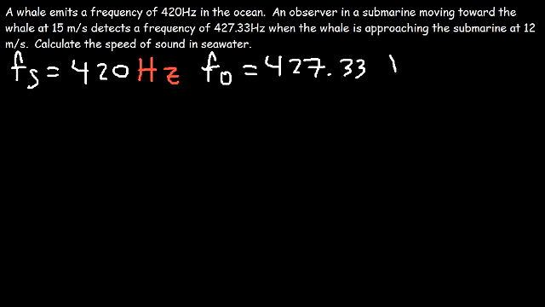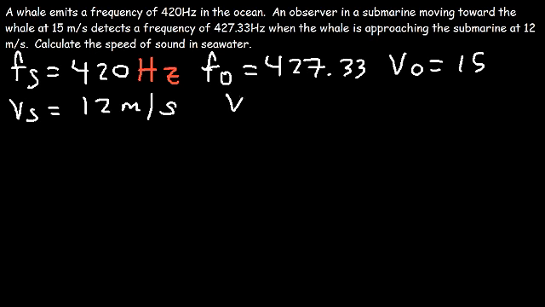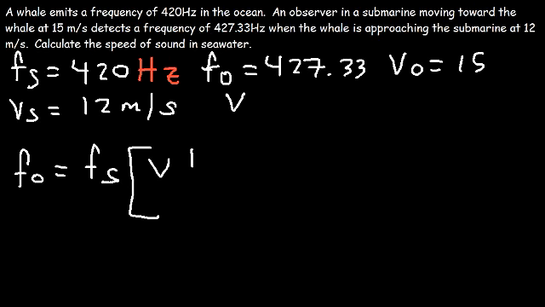And the observer is moving at a speed of 15 meters per second. And the whale is approaching the submarine at a speed of 12 meters per second. Our goal is to find the speed of sound in seawater. So let's write the equation. FO is equal to Fs times V plus or minus VO divided by V minus plus Vs.